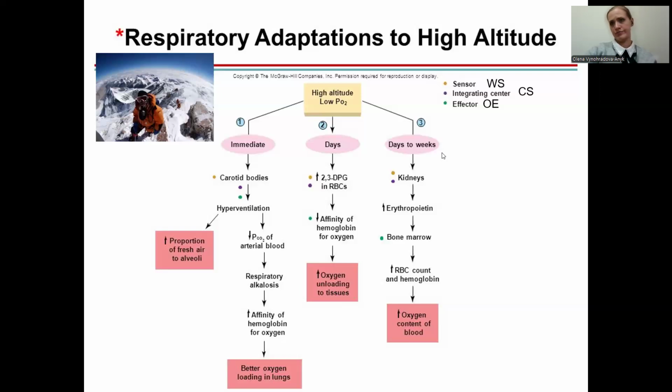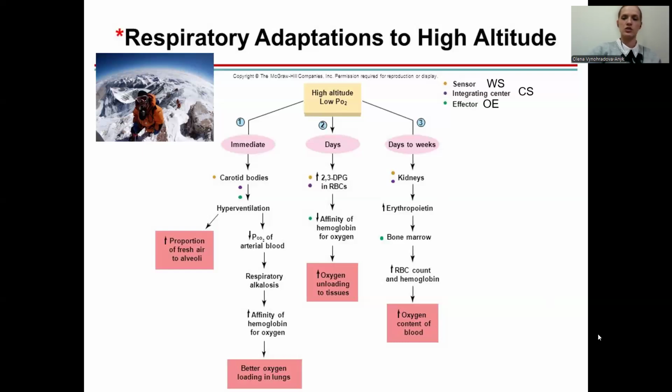Between 4 or 5 days and 2 weeks, our kidneys start to work. Kidneys, in response to deficiency of oxygen, begin to create erythropoietin. Erythropoietin is the substance which stimulates the production of erythrocytes.